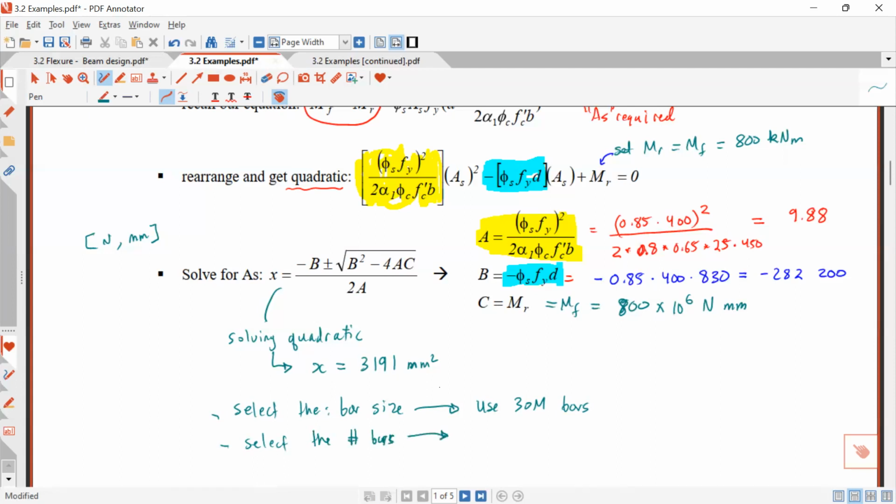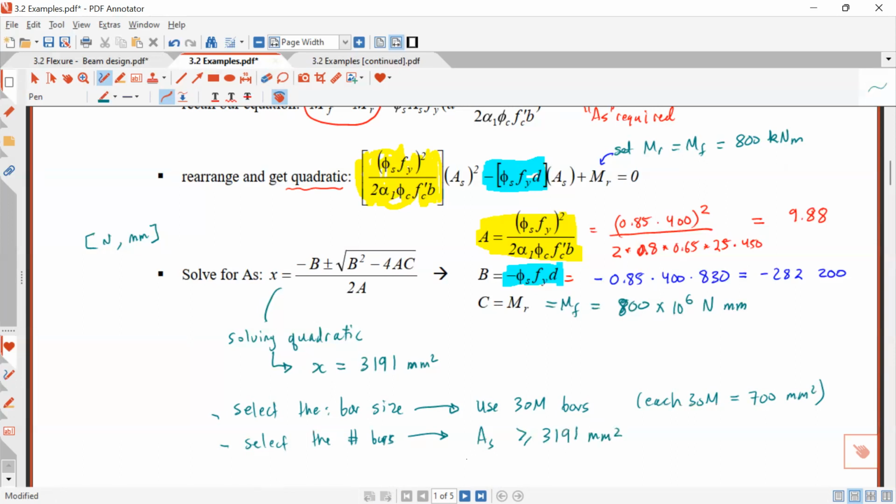Okay, so here I have to be careful. I need at least 3,191 millimeters squared. So each 30M, if we look back in that table that gives us these areas, is 700 millimeters squared. So how many bars do I need? I need AS larger than 3,191 millimeters squared.